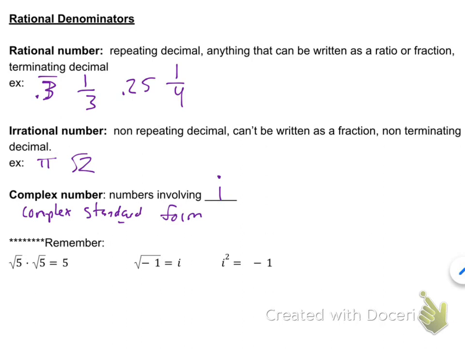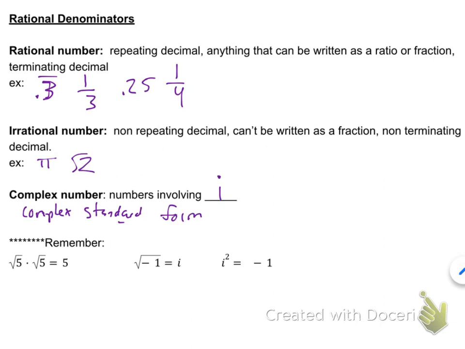Think of the time where we poked I's out by going to the square root dance, right? All of those things. And then we simplified. And I always said, put your answer in complex standard form when appropriate. You guys remember this? What is that form? What's the general form look like? The I's in the back. I agree. That means the complex or the imaginary part goes in the back. What goes in the front?